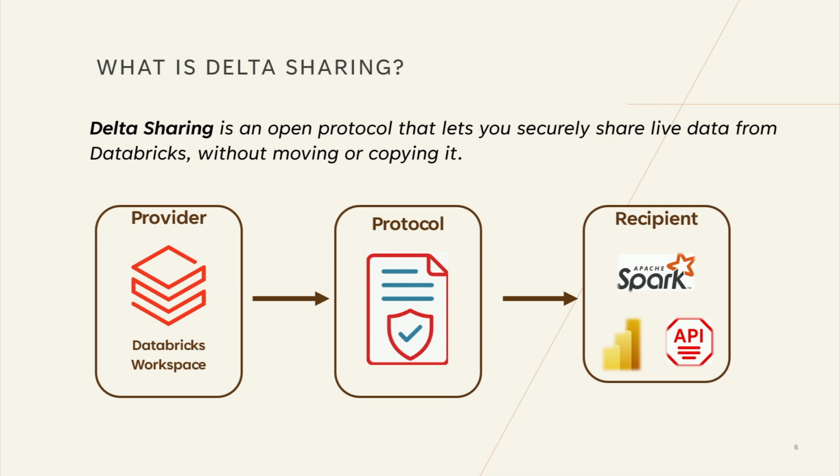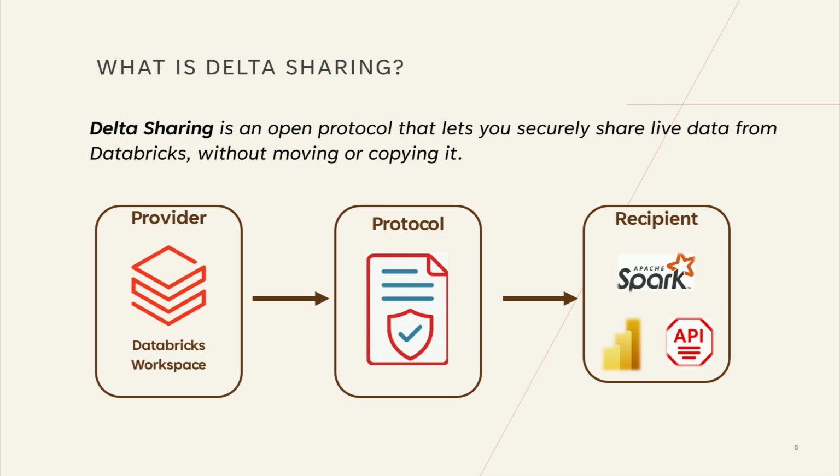In Databricks, you have 2 different recipient types. You can do Databricks to Databricks sharing, which is mostly what we're going to dive into today. But you can also do Databricks to open, which basically means that you're sharing data to something that is not Databricks.